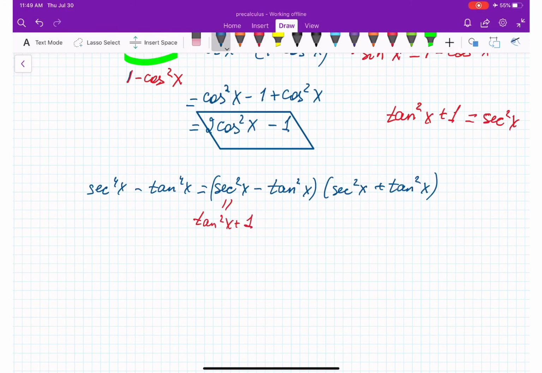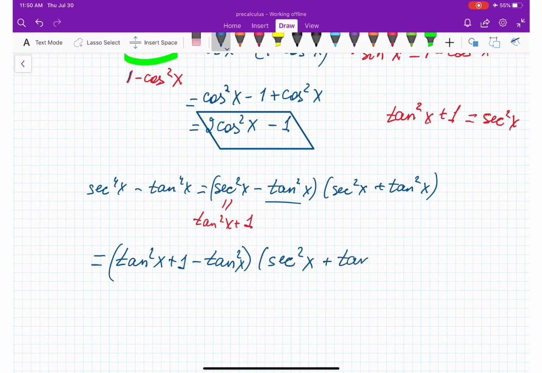Let's see what we get: tangent squared x plus 1, and then minus this tangent squared x, times secant squared x plus tangent squared x.